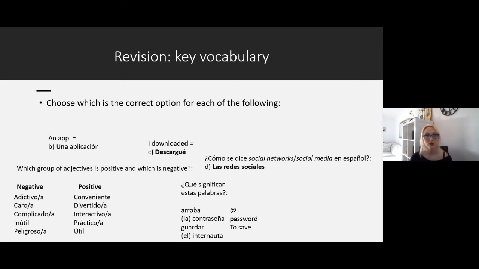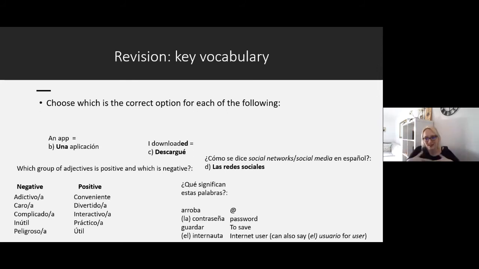Brilliant. We've got some answers coming through. We have internet user. We've got interpret, a user, users. Okay, good. Muy bien. So internauta, obviously the person that said internet is thinking along the right lines, okay?